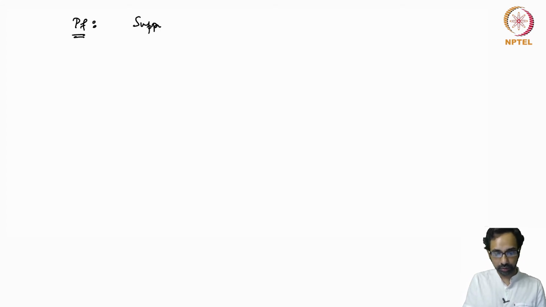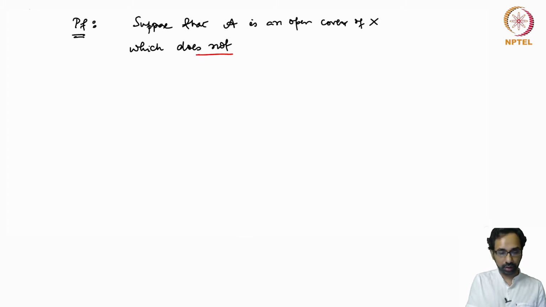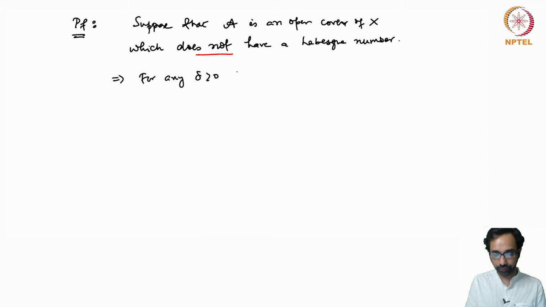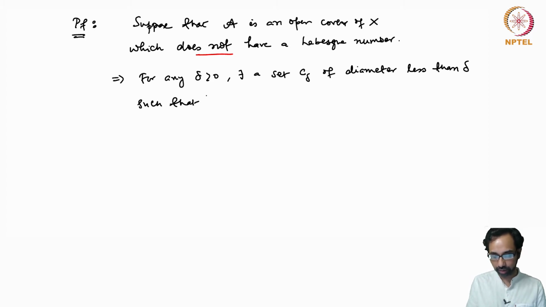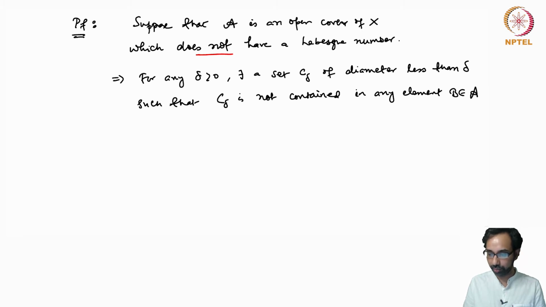So suppose that A is an open cover of X, which does not have a Lebesgue number, and this means that for any delta greater than 0, there exists a set C delta of diameter less than delta such that C delta is not contained in any element B of this open cover A.